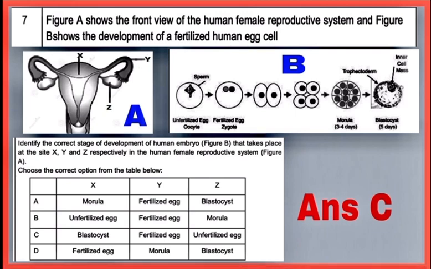X is uterus where blastocyst is implanted. Y is fallopian tube where fertilized egg is there, and Z is ovary where unfertilized egg is present.